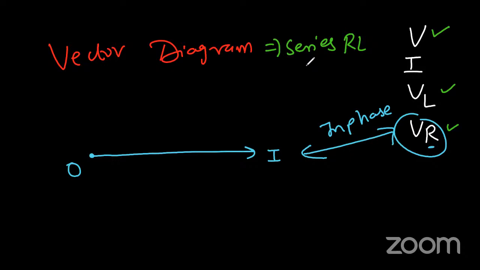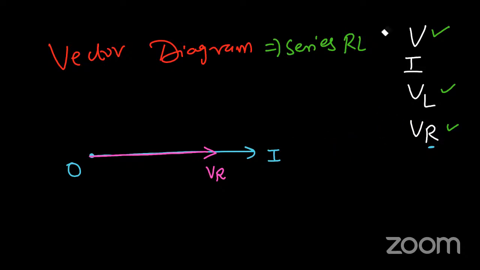So on the same line, I draw the VR. इसका मतलब क्या हुआ कि the voltage and current are in phase, but which voltage? Voltage of resistor. Because voltage of resistor and the current are in phase ना, दोनों में कुछ भी डिफरेंस नहीं होता, एंगल कुछ भी नहीं, जीरो. That's the same line पे ड्रॉ करो VR. ठीक है? उसके बाद we'll go for the VL.